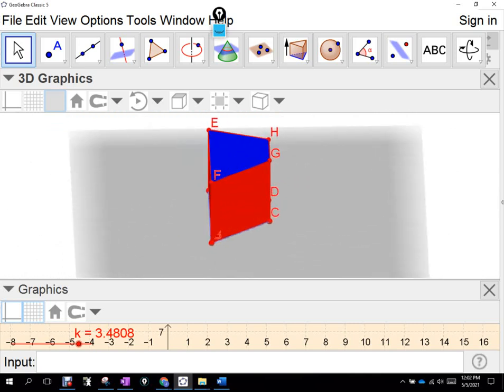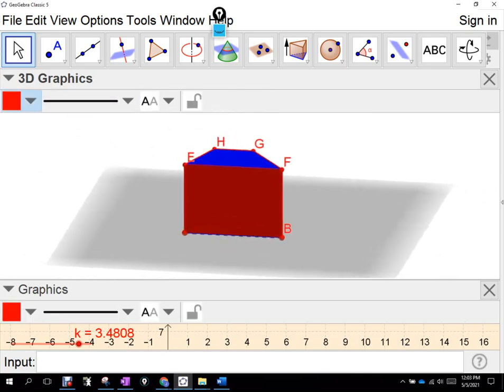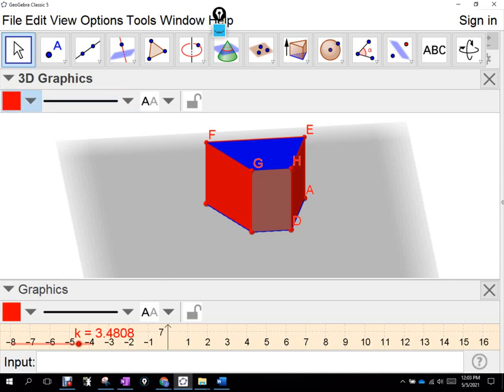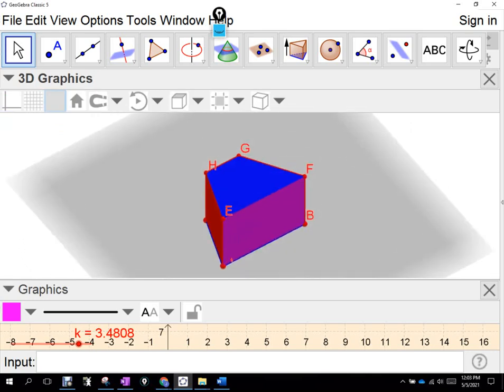People will ask, because there's a condition about bases that we want them to be parallel. So if I want them to be parallel, somebody will say that maybe that purple one and that purple one are also bases.